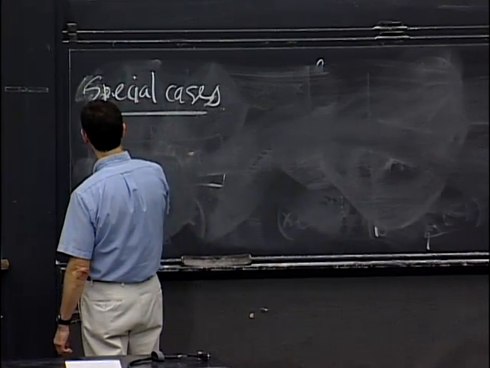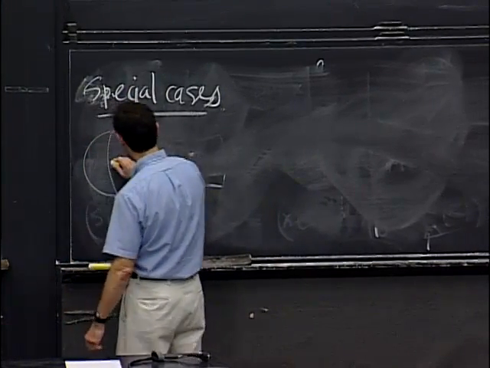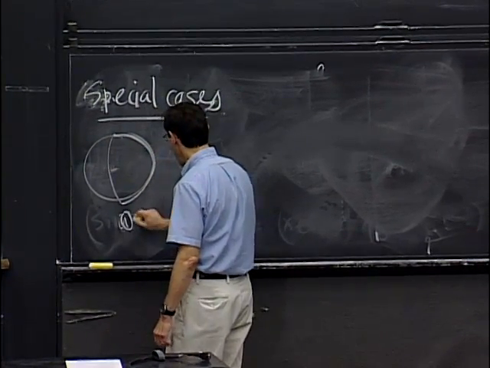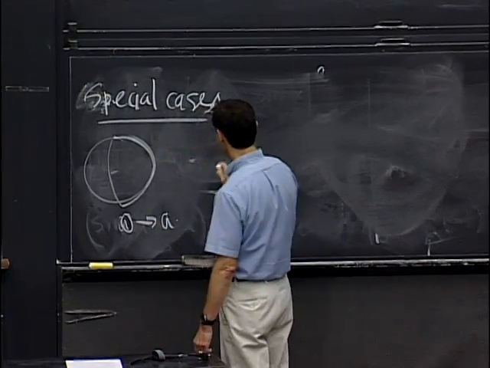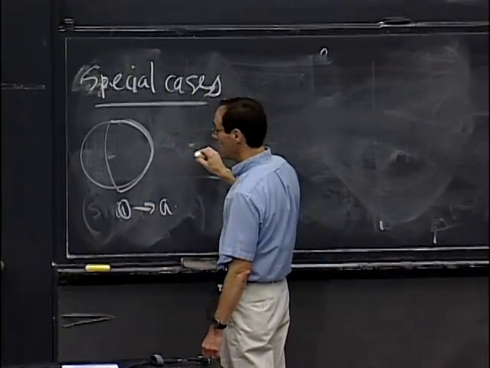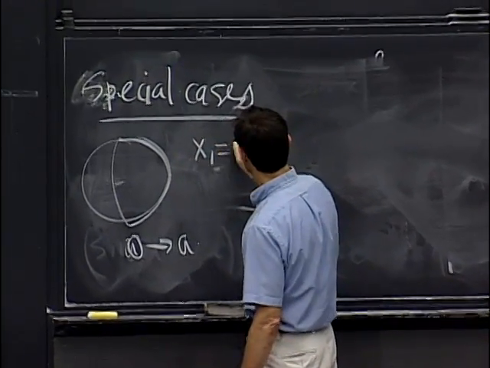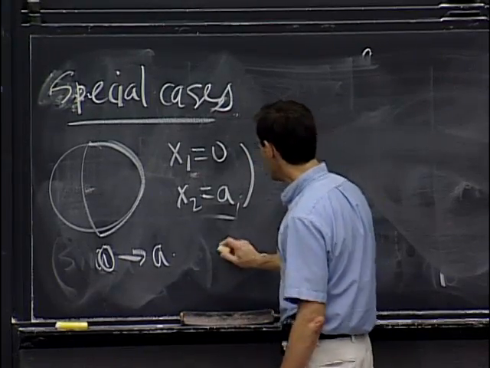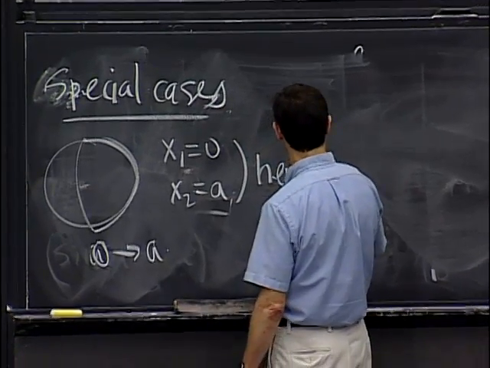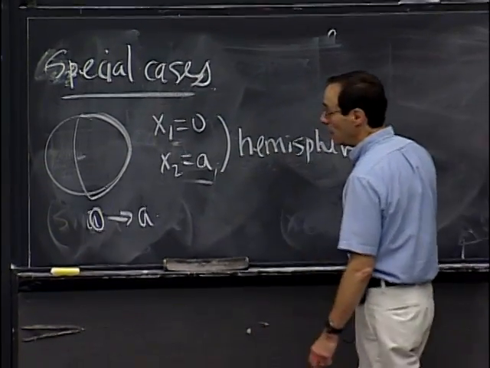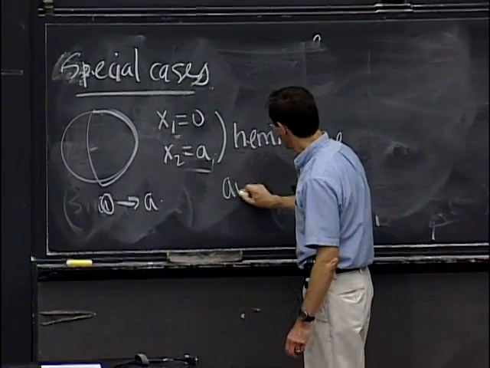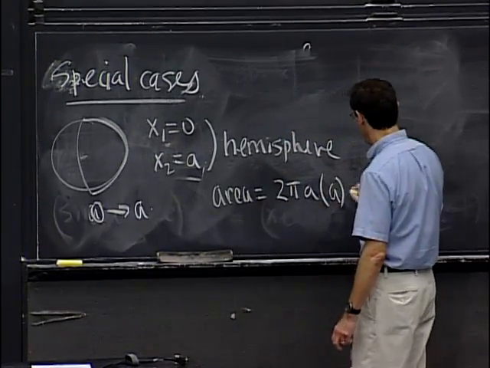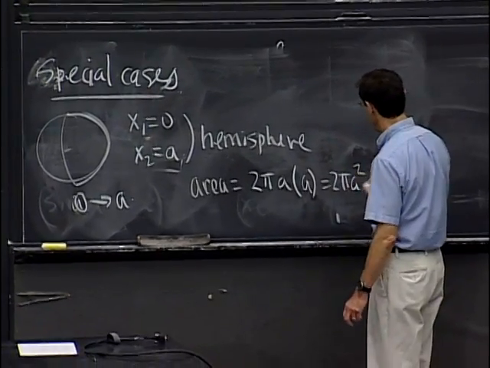If you take, for example, the hemisphere, so you take 1/2 of the sphere, that would be starting at 0 and ending at a. So that's the integral from 0 to a. This is the case x1 is equal to 0, x2 is equal to a. And what you're going to get is a hemisphere. And the area is 2 pi a times a, or in other words, 2 pi a squared.